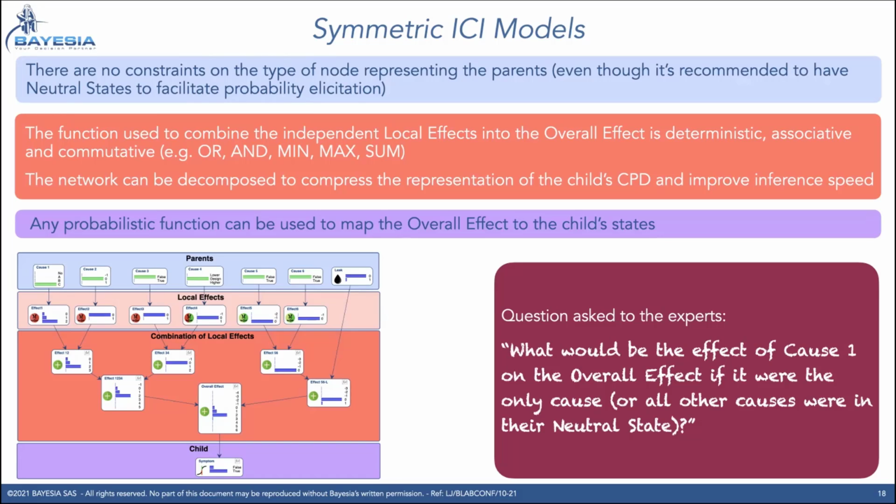The only thing that is sometimes not that easy is that the experts have to understand this transition, this function, right? Because they know this, they know that, but this is kind of internal machinery, and sometimes you have to explain how you're going to convert this overall effect into the states of the child.